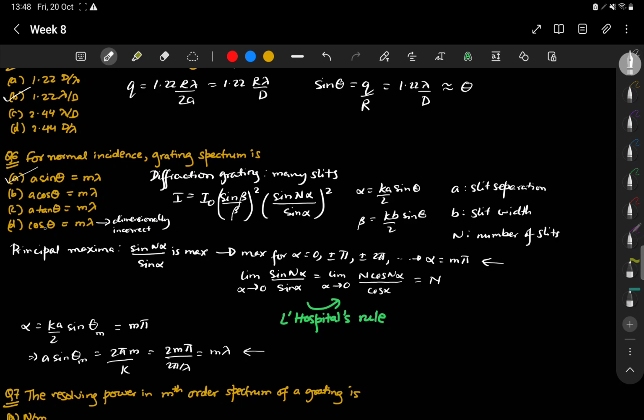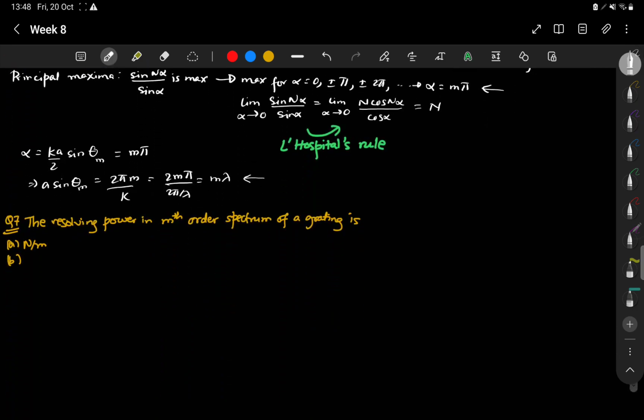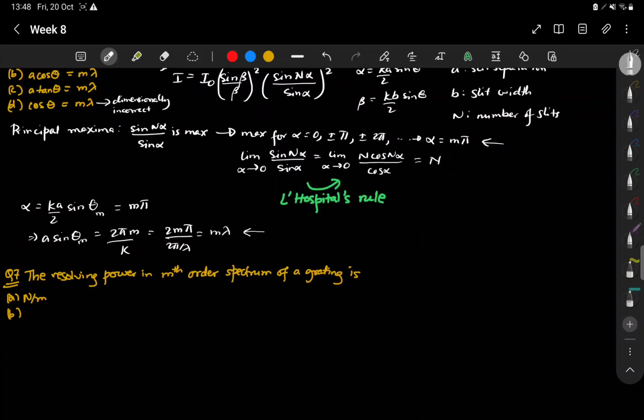This is dimensionally incorrect because on the left hand side you have cos theta, which has no dimension, and on the right hand side you have m lambda, which has the dimension of length. Okay, now that I've pointed that out, I'll come back to the current question number 7.